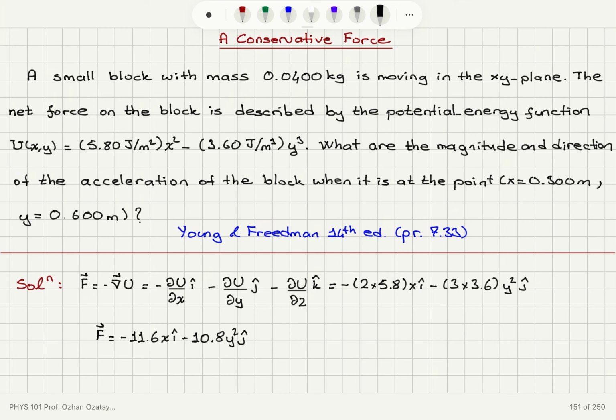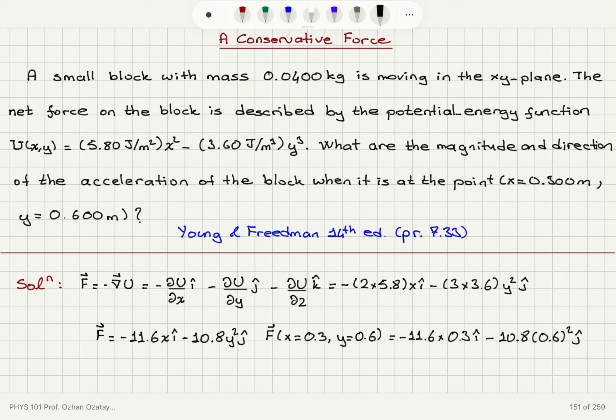So now we're ready to evaluate the force, that's the net force acting on the block, at x = 0.3 meters and y = 0.6 meters. This will give us minus 11.6 times 0.3 i hat, minus 10.8 times 0.6 squared j hat.